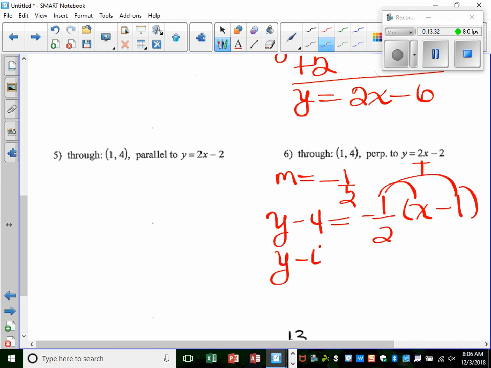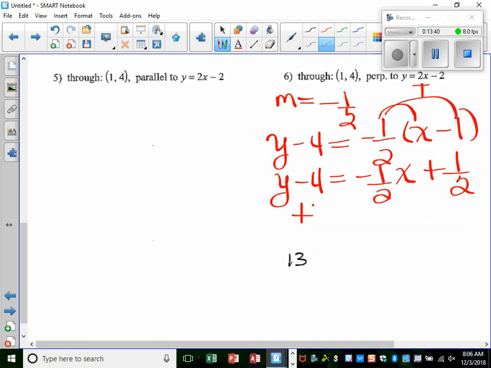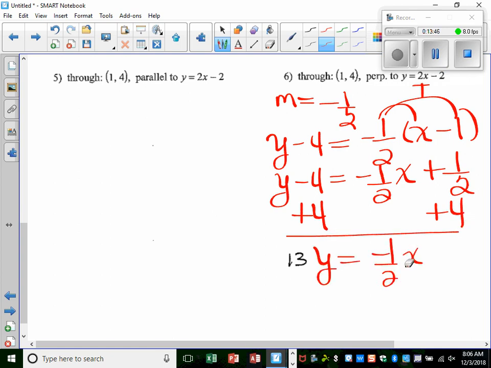Y minus 4 equals -1/2 x, and this is going to change to +1/2. Add 4 to both sides. So y equals -1/2 x plus 4.5, which is the same thing as 9/2. All right, so that is the lesson for parallel and perpendicular.